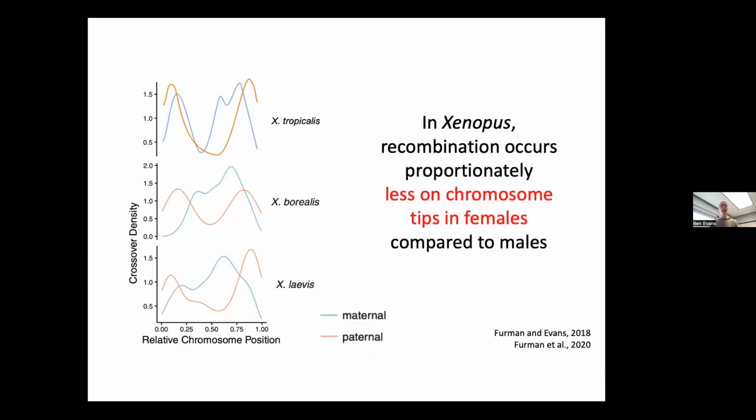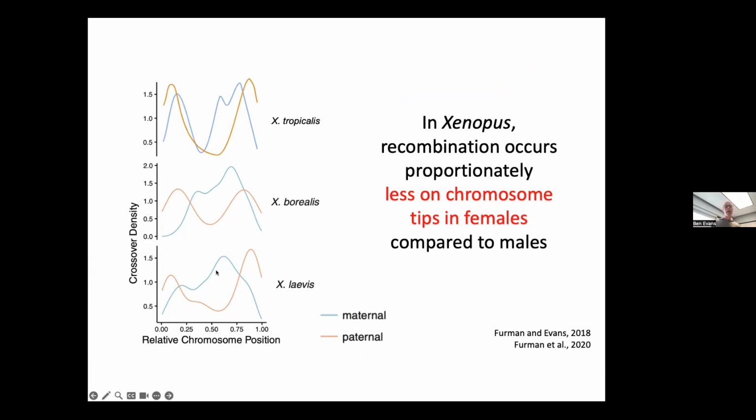And so we've done that with 3 species so far, and we found really consistent results in these 3 species that are basically exactly what people have observed in humans. If you look at this density map, this is across the whole genome. On the x-axis, we've looked at the relative chromosome position. There are different size chromosomes, but we can scale them all to be the same size and look at how recombination occurs.